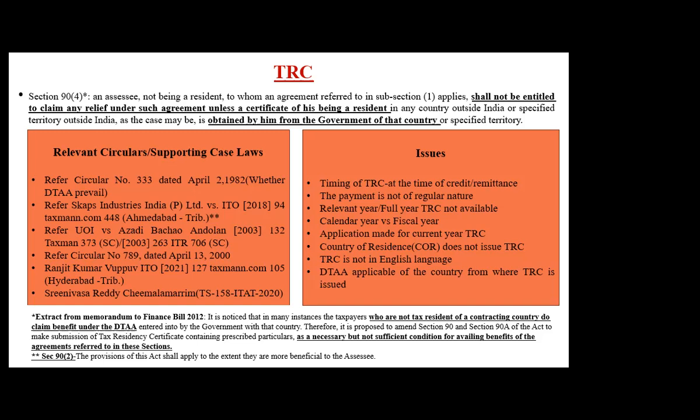Only section 90 subsection 2A, which is the GAAR, is the non-obstante clause in this chapter. If there is a GAAR, Chapter 10A will prevail. For all other sections, whichever is more beneficial to the assessee will prevail other than the GAAR. I think a judgment also came that the TRC is only a document which cannot bypass. That is already written in the SCAPS case.